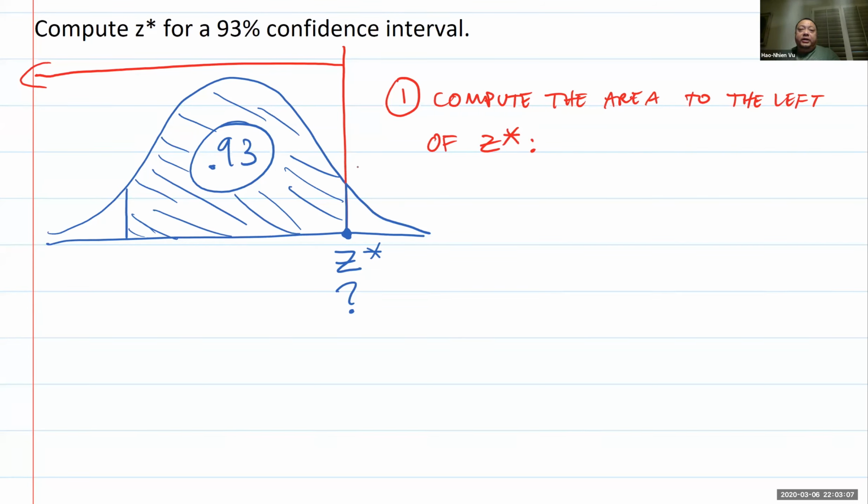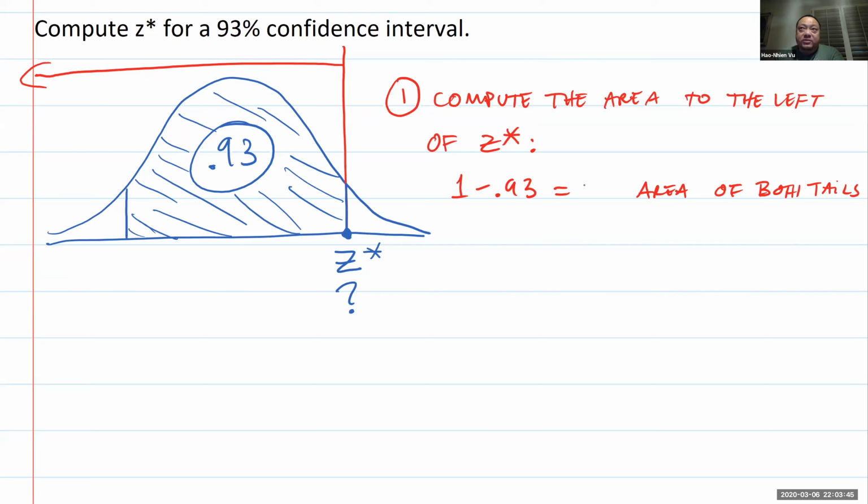So we have the area 0.93 or 93% in the middle, okay? That means we have 1 minus 0.93 as the area of both tails. Now it's a decimal number, but for this kind of thing, if you want to calculate quickly, you may want to calculate using percentages. So instead of thinking of it as 1 minus 0.93, you think of it as 100% minus 93%.